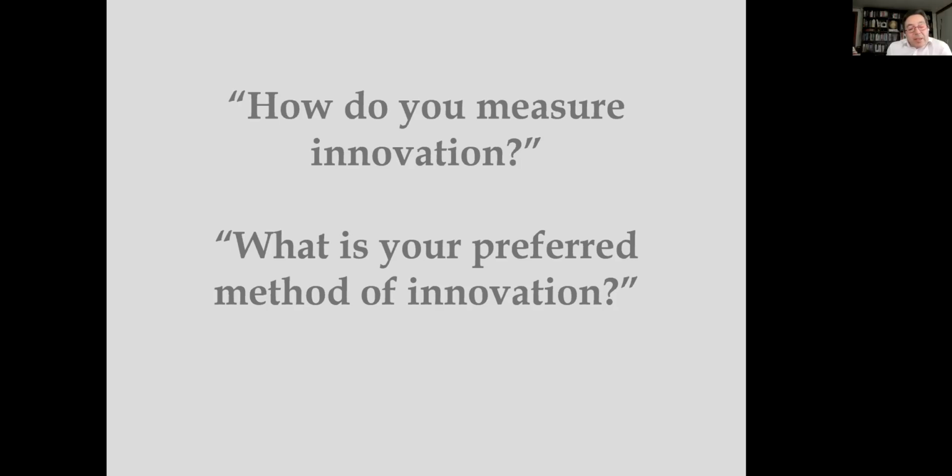Okay, so let me frame this a little bit differently. Remember this theory of innovation that I've been presenting: number one, heredity, or to exchange ideas; number two, variability, to generate different ideas; and number three, to test the ideas.